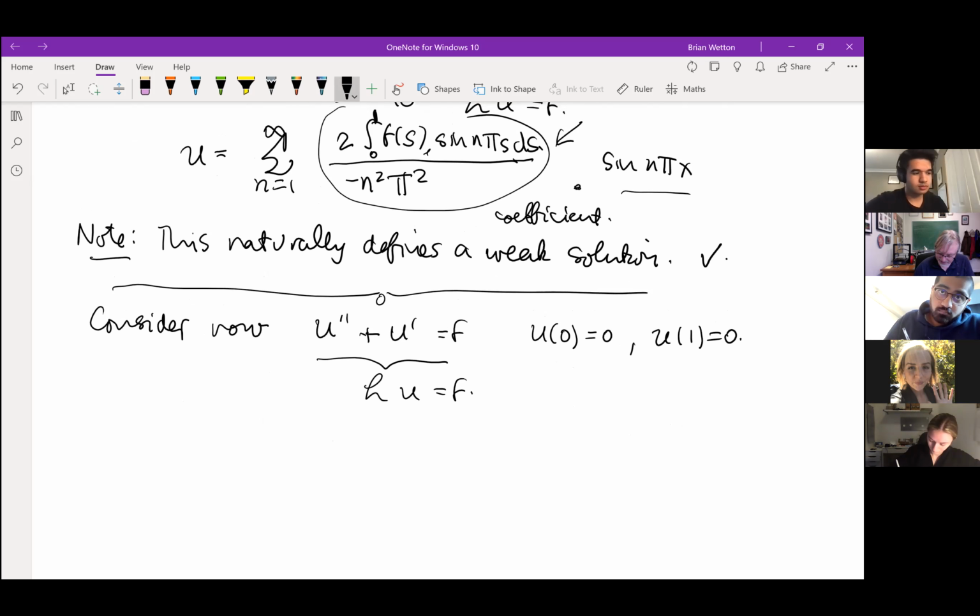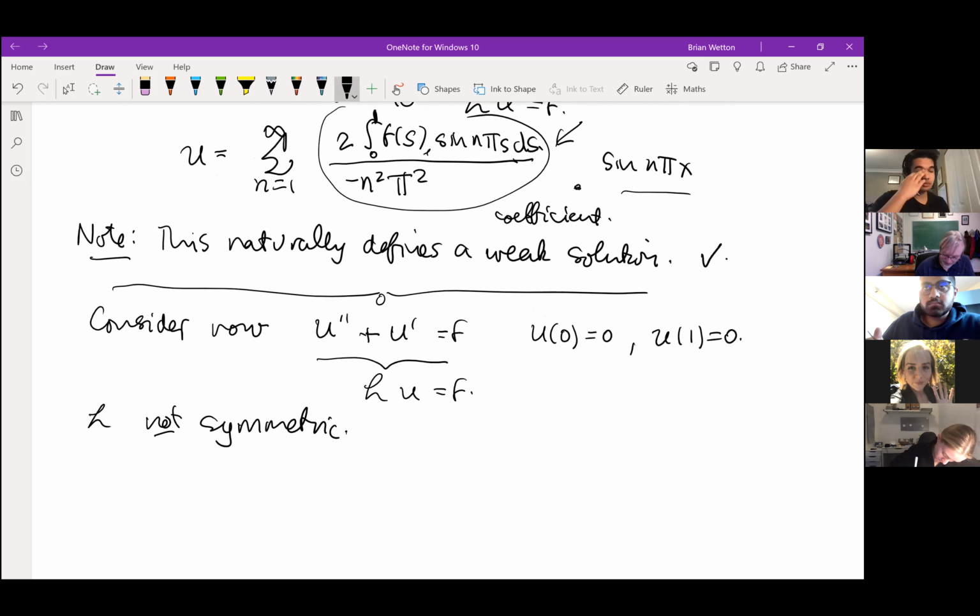And this is not symmetric. You try and do the same game that we did before, where you look at L times U inner product with V and try and move the L over to the other side. You see that there's a sign change that you can't get rid of.